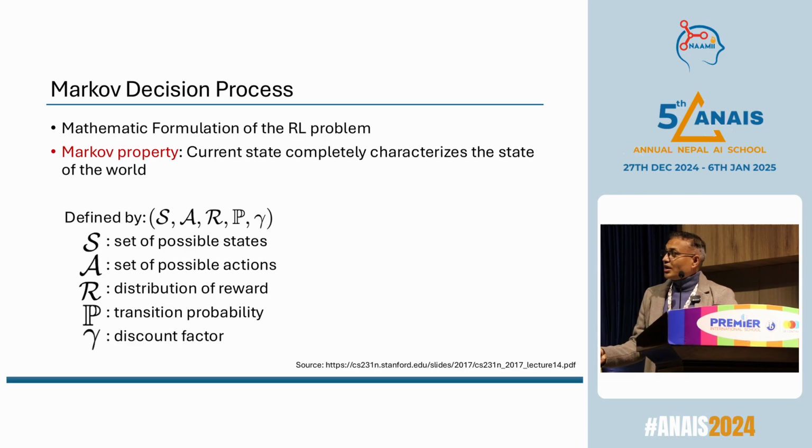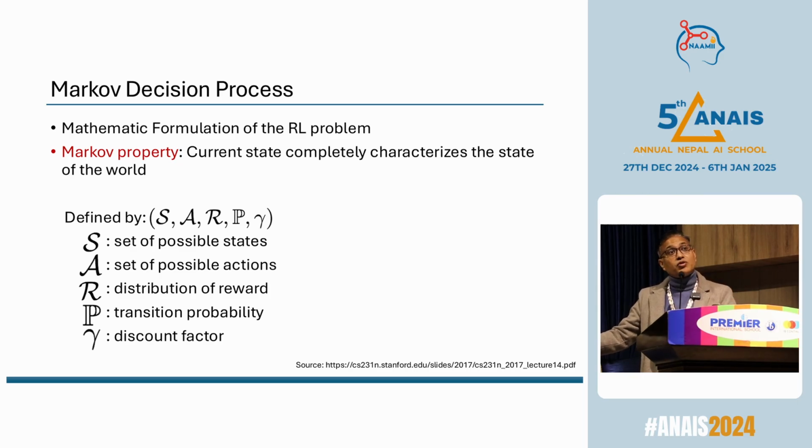In MDP, I think these symbols are very familiar if you are aware of MDP. MDP is a tuple with 5 elements. MDP is a mathematical formulation of the reinforcement learning problem, and it is really interesting to map the problem into an MDP. And it always follows the Markov property.